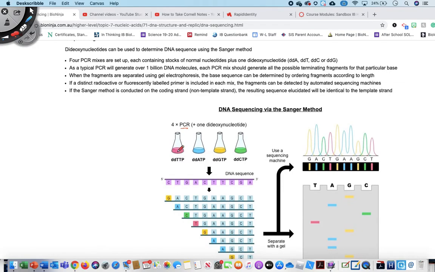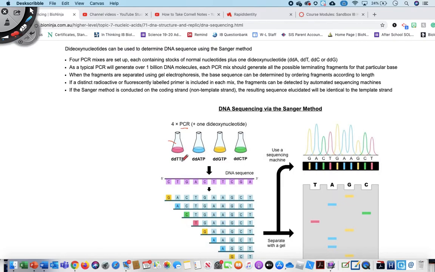So let's say I make 4 PCR samples. In each sample, I need to add one particular ddNTP, and remember there are 4 different types of bases. One ddNTP is going to contain thymine, the other one adenine, the other one guanine, and the other one cytosine. So I'm going to have 4 different mixes with 4 different ddNTPs for the 4 bases.